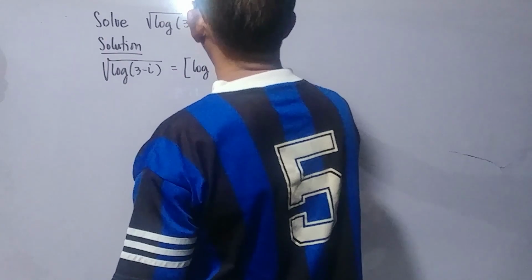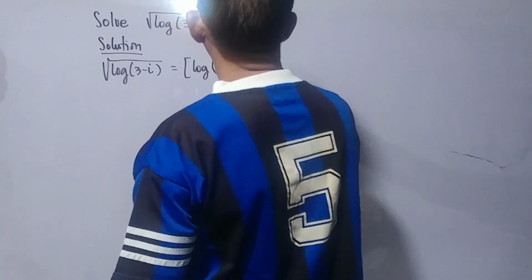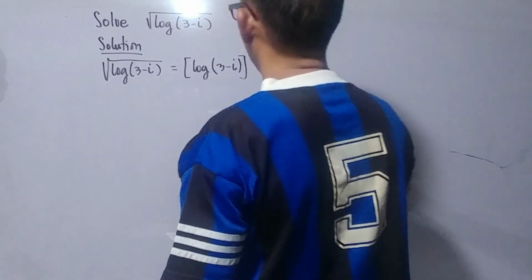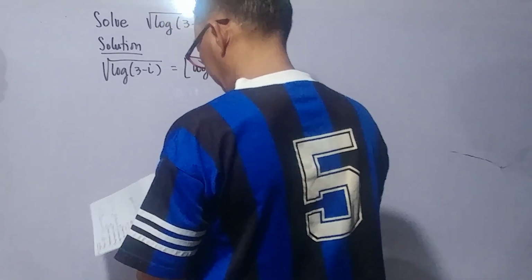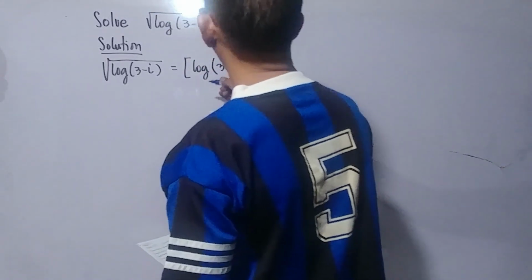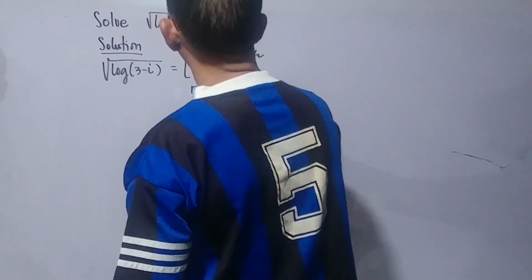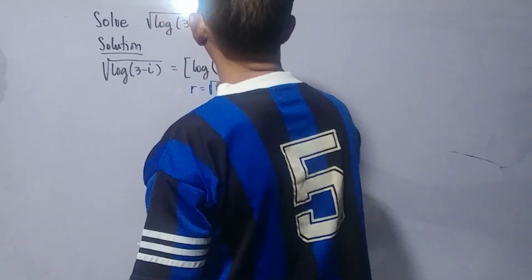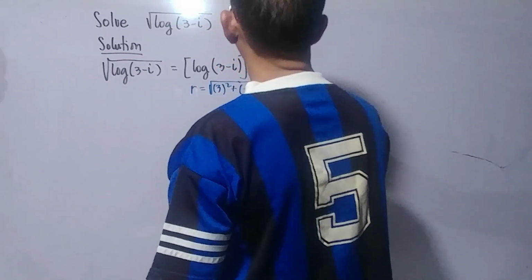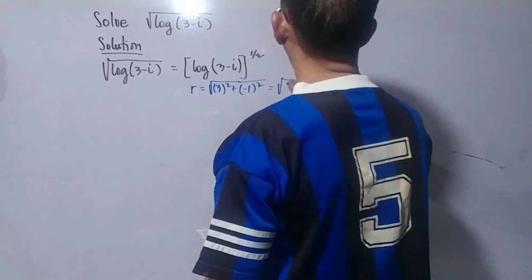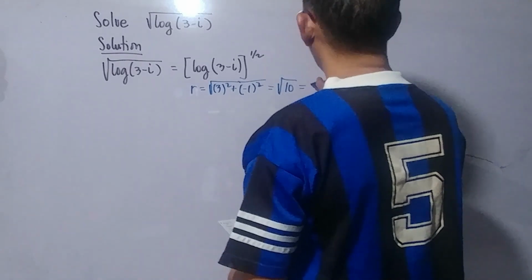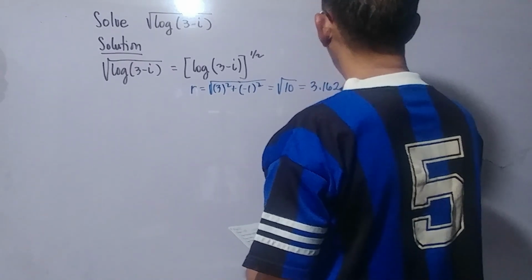From rectangular, our r here is the square root of 10, or we have 3.1623.